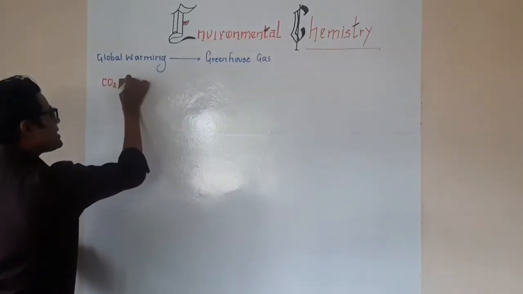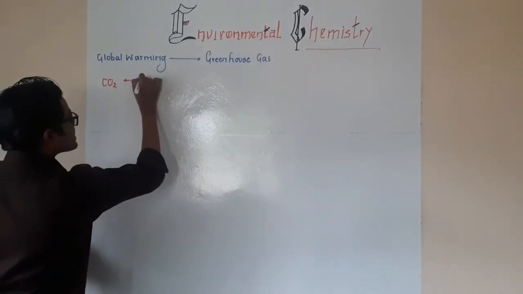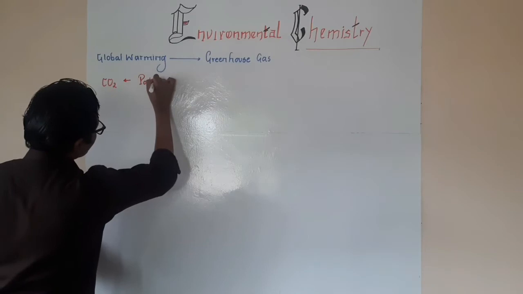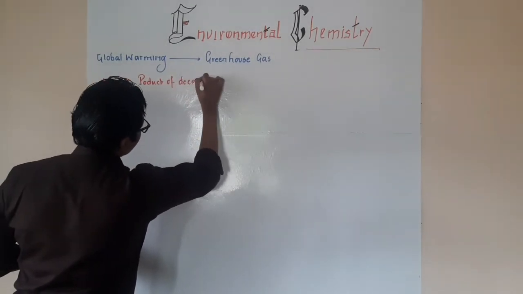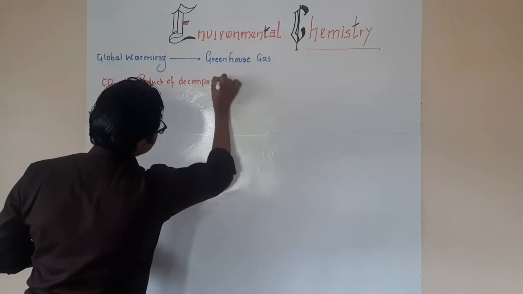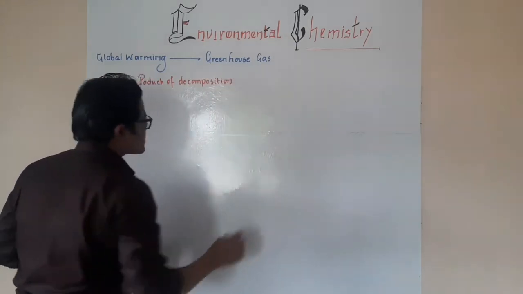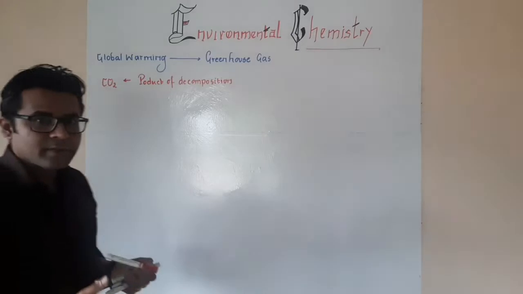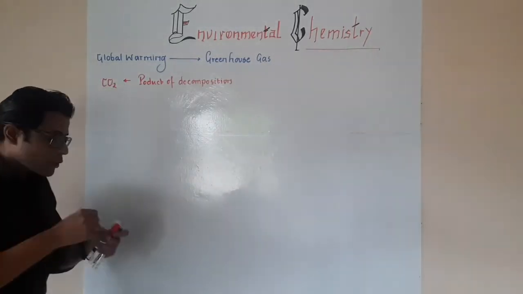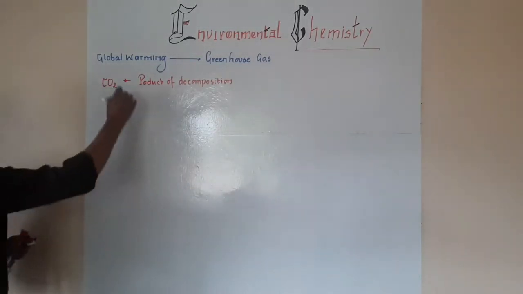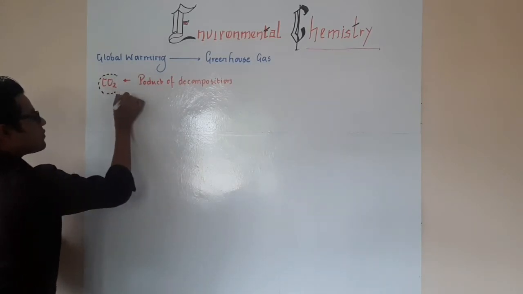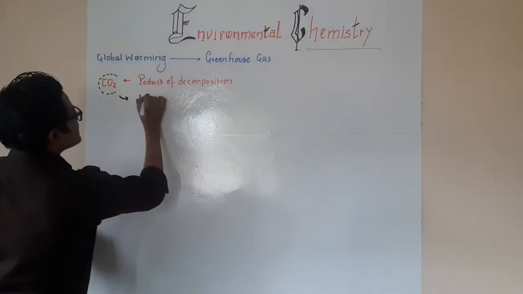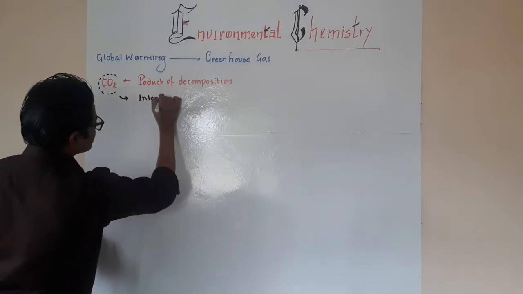So carbon dioxide is a product of decomposition of different organic compounds, right? Apart from this, carbon dioxide is also released into the atmosphere from different sources, such as internal combustion engines.